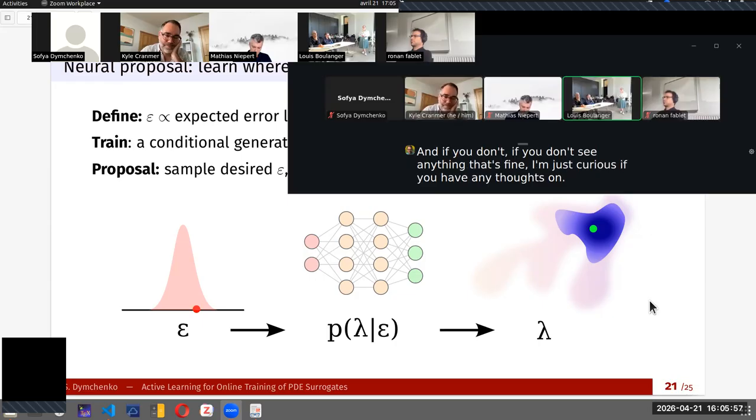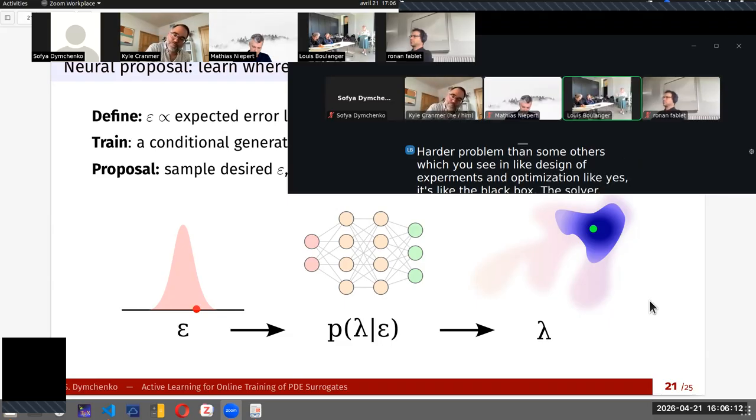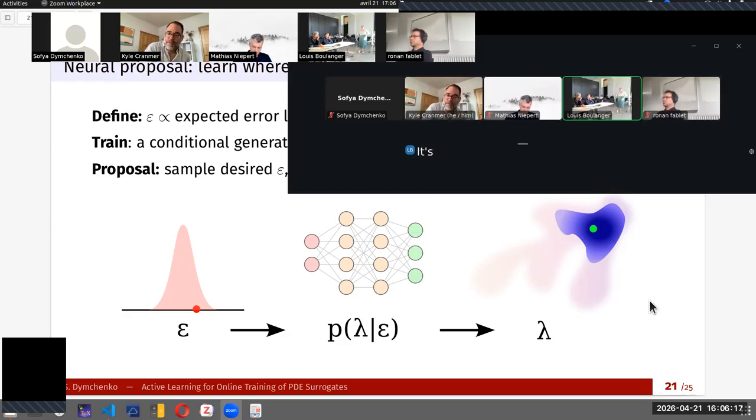I do have thoughts on that. I think this is something that actually makes it a harder problem than some others you see in design of experiments or Bayesian optimization. Yes, there is the black box solver, and in a way, not necessarily black box, the neural network, but you don't have a fixed target.